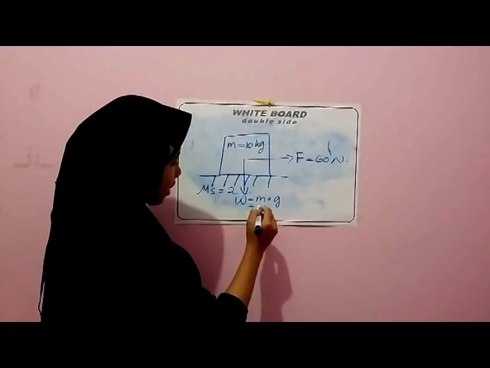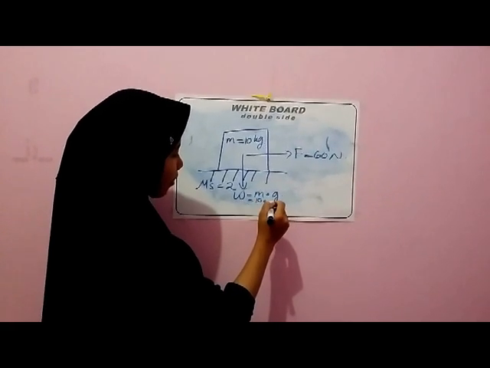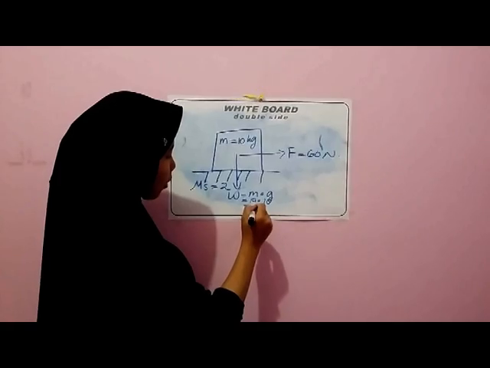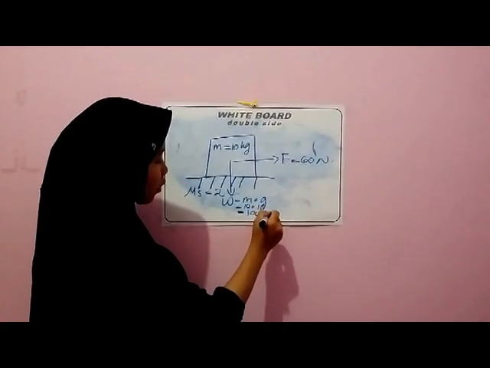The mass is 10 and gravitation is 10. So the weight is 100 N.